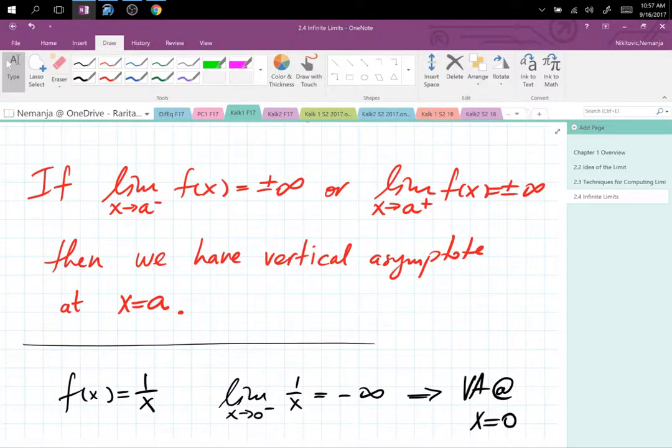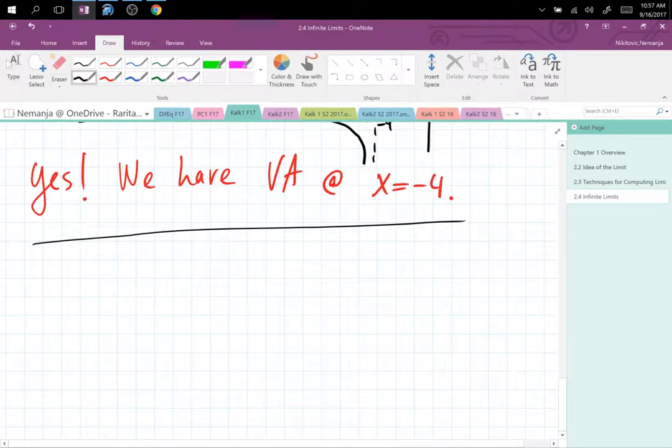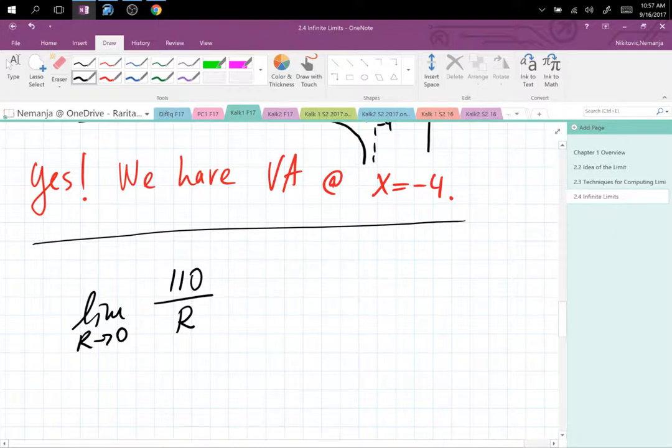And I remember writing that stuff last time where I said that if you have 110 volts in the outlet and you're dividing that by resistance, where the limit of the resistance is trying to go to 0 because you are shorting it, you are getting positive infinity.